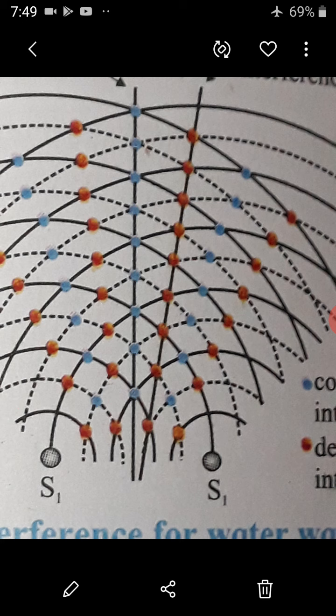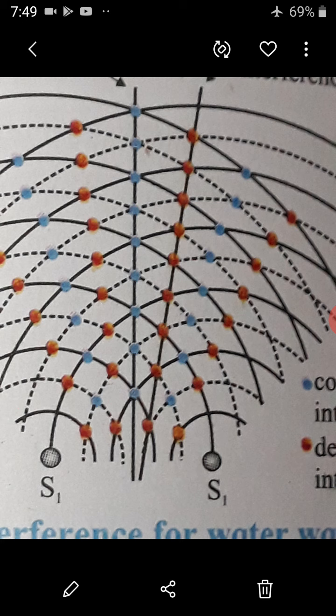They are superimposed with each other. Then you can see here the resultant of them, where they interfere and intersect with each other. That intersecting point gives us a resultant displacement, or resultant amplitude, of the two waves.